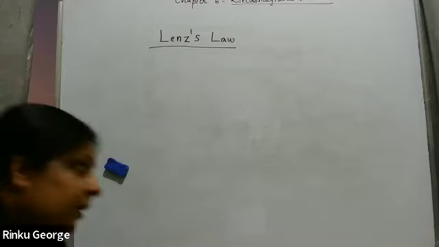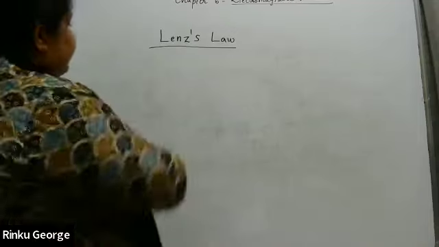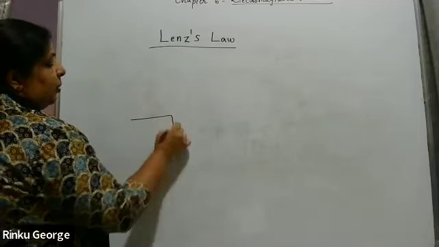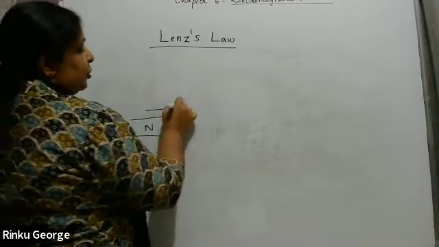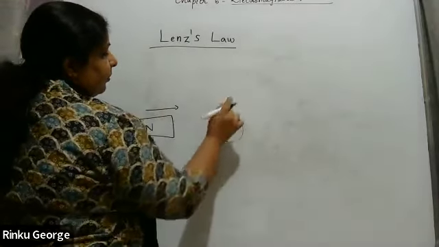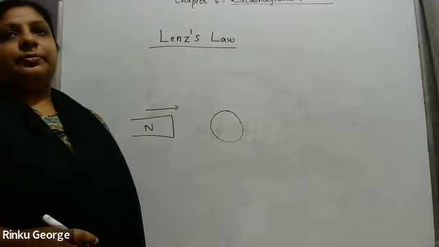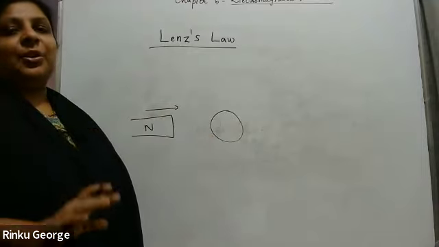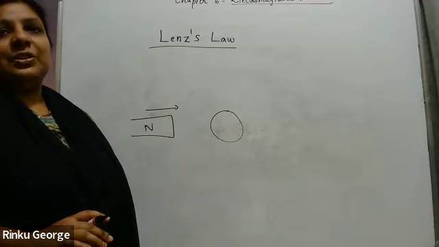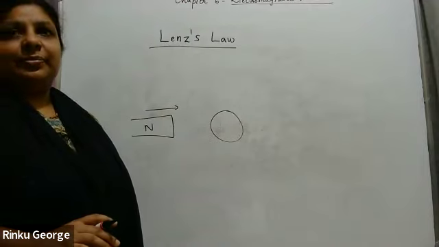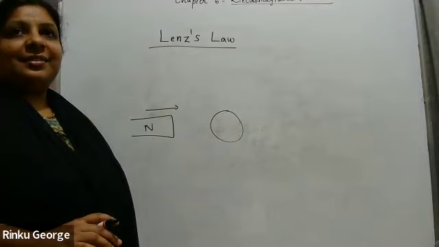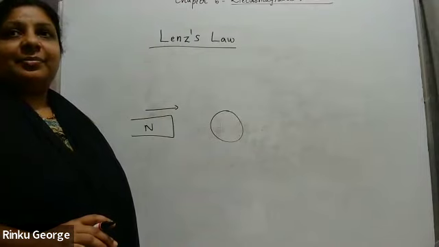Done, right? I'll explain. Before that, you tell me. There is a north pole coming towards a coil. What will be the direction of induced current in the coil? All of you tell me.